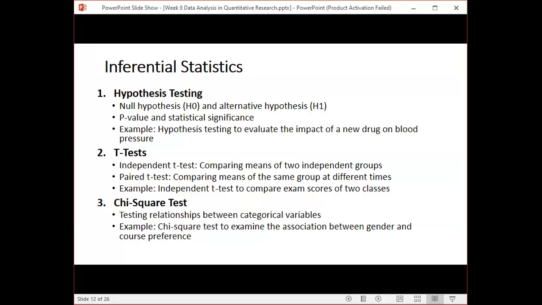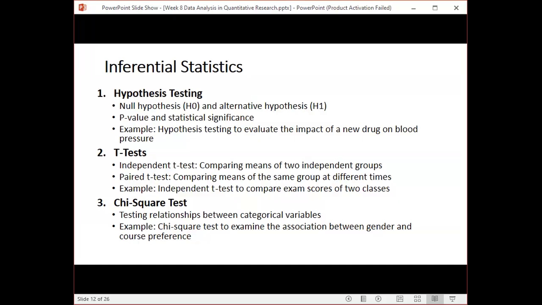Okay, so I'm comparing the means of two independent groups, let's say between males and females. I collected data on your scores in exams, and I want to find out whether the average performance of males is the same as the average performance of females, or the average performance of males is not the same as the average performance of the other group. Okay, so it's a test in itself. It's also hypothesis testing that there's a difference between the two groups or there's no difference between the two groups.